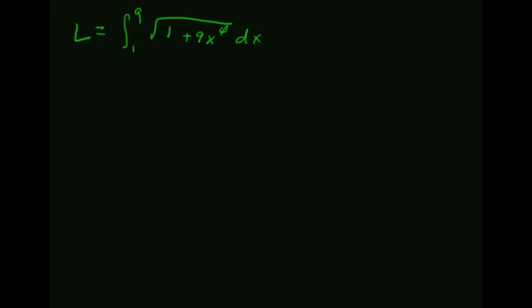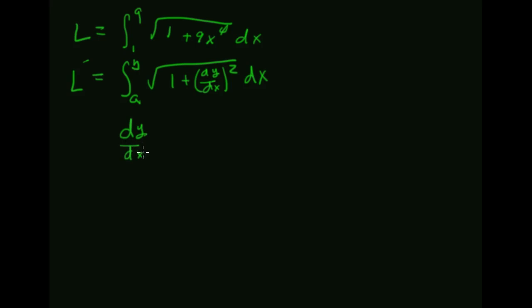Now, note, that looks like the formula: the integral from a to b of the square root of 1 plus (dy/dx) squared dx. So this means that (dy/dx) squared is equal to 9x to the 4th, which means that dy/dx is equal to, not 9, but 3x squared.